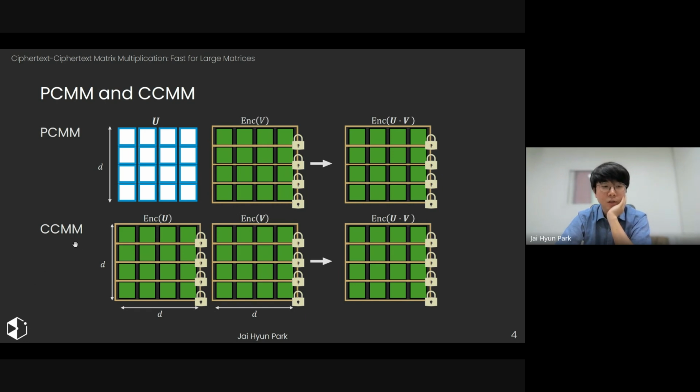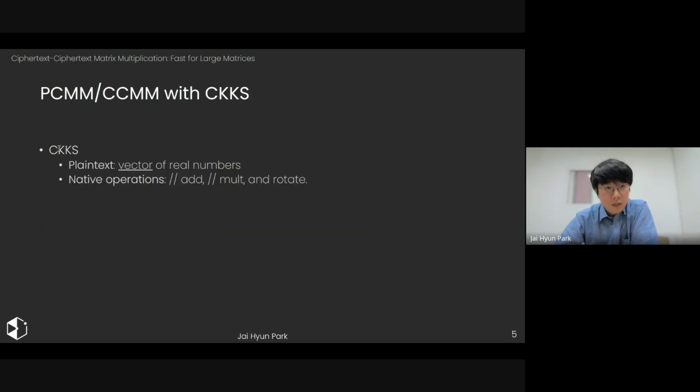But before going into detail with CCMM, let me briefly introduce what we can do for PCMM. Even before that, let me briefly introduce the CKKS scheme for those who are not really familiar with it. In CKKS, a plaintext is a vector of real numbers.